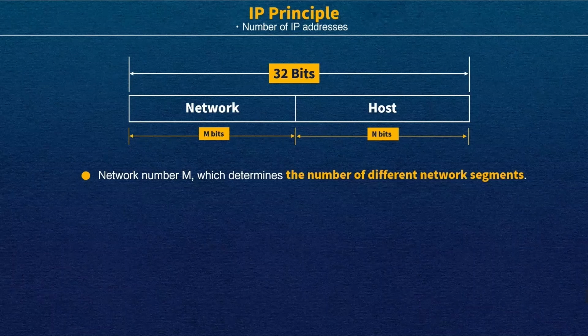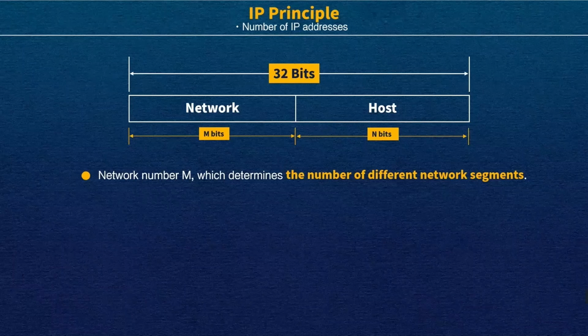And how many IP segments, how many departments you can use, depends on the n. If the n value is bigger, you can have multiple different segments. But pay attention, if your n value is bigger, your m value will be smaller because n plus m is fixed, it is 32. So pay attention about this one.